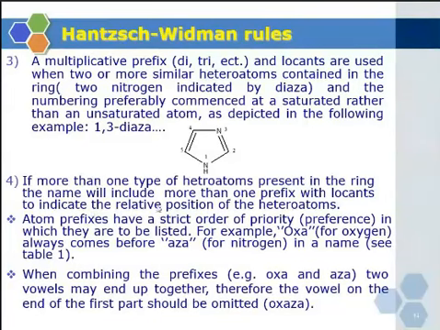The atom prefixes have a strict order of priority or preference in which they are to be listed. For example, oxa is used for oxygen. It always comes before aza. We can come across terms like oxaza.